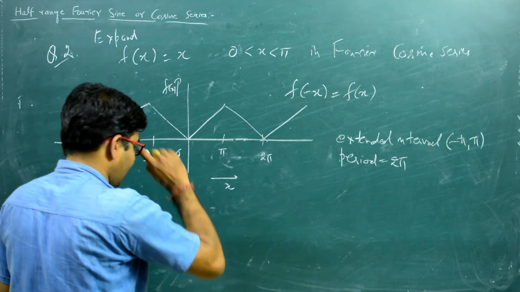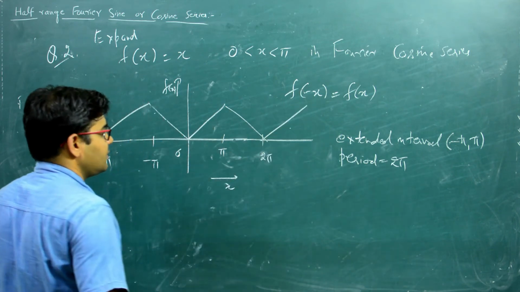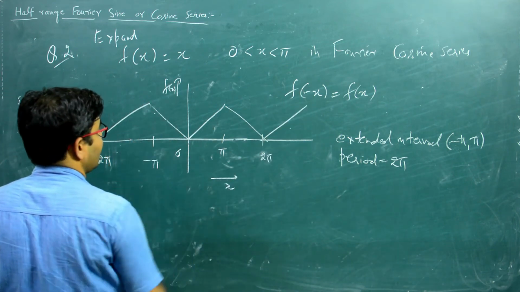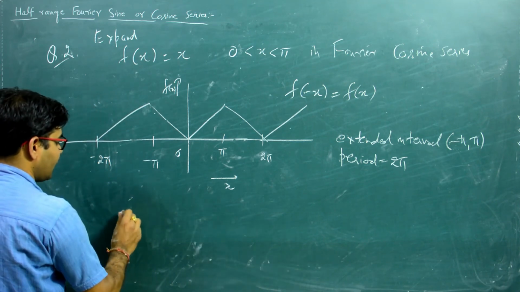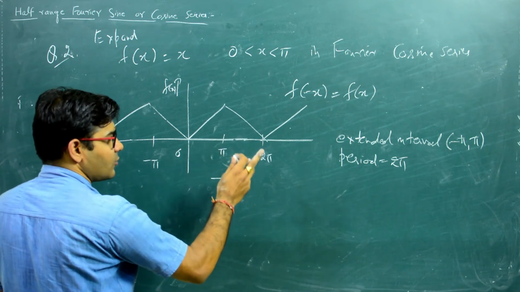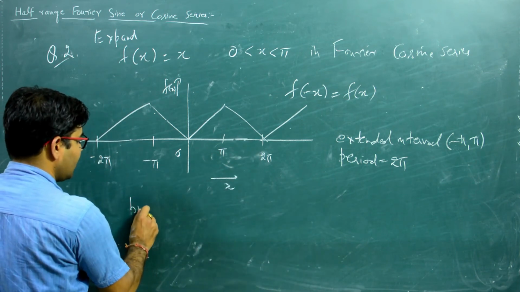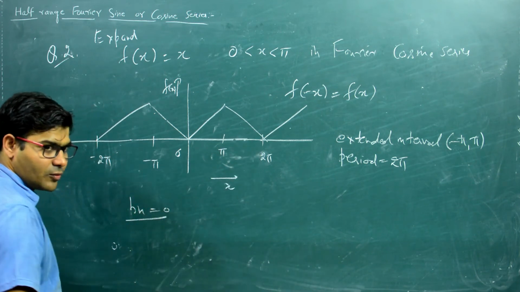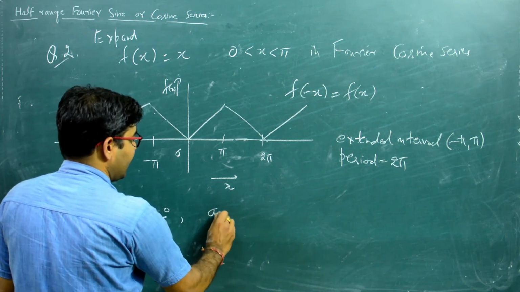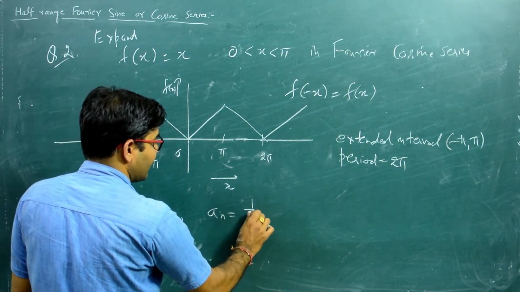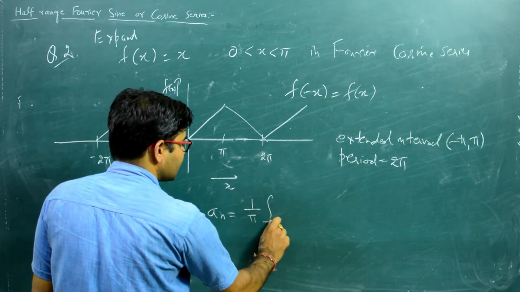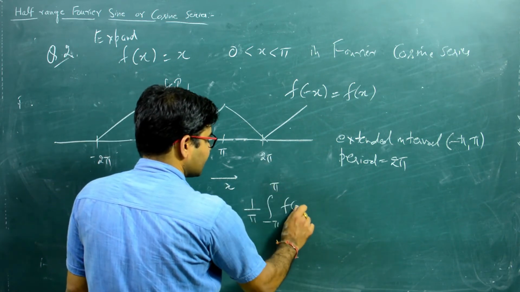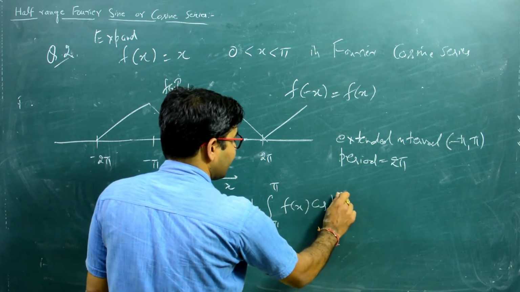Now how do we write down the Fourier cosine series for such a function? It's an even function, so we can straight away use the formula for the Fourier cosine series. All b_n's would be 0, and all a_n's will be given by the formula 1 over L, which is pi here, integral from minus pi to pi of f(x) cos(n pi x / L) dx.